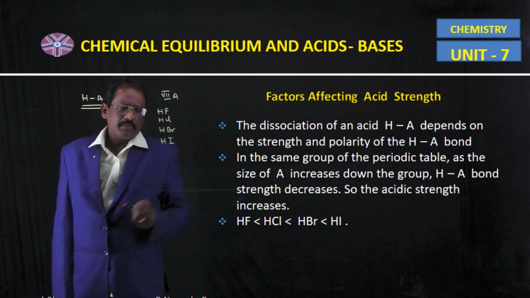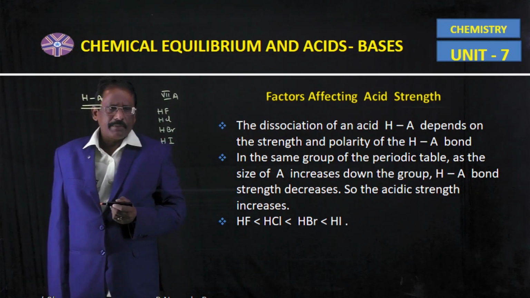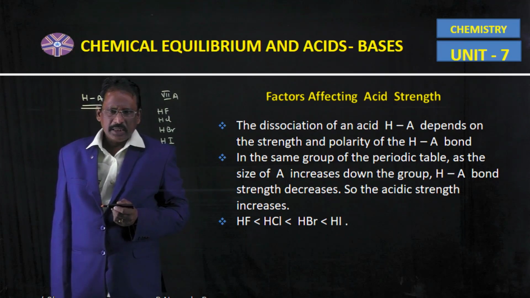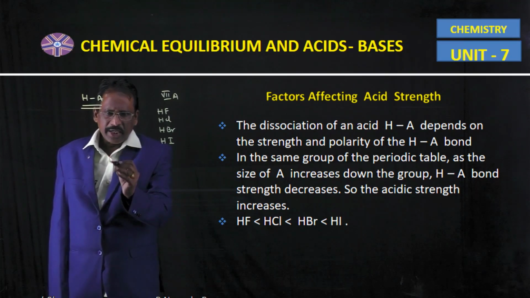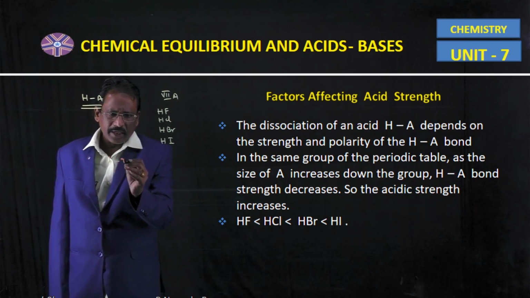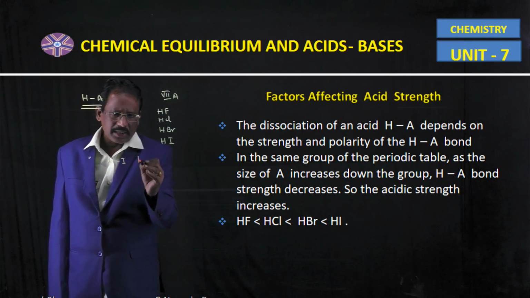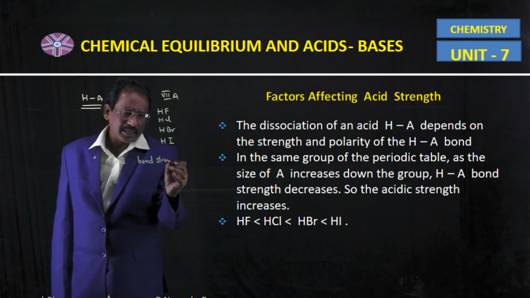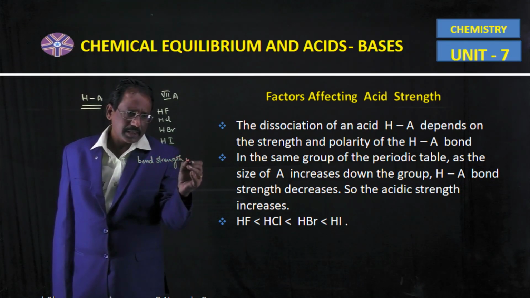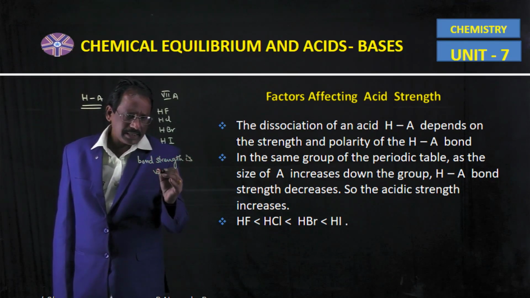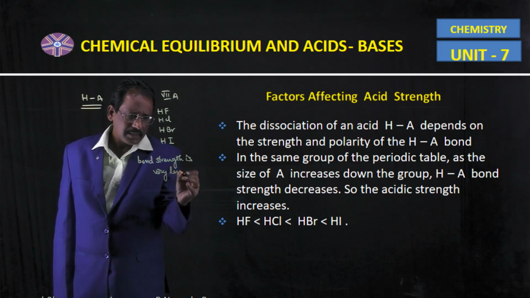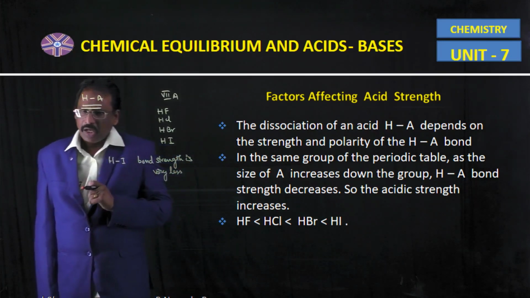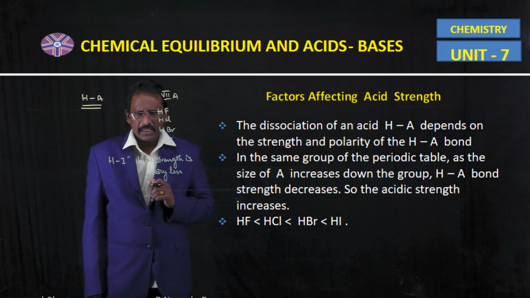Top to bottom, the size of the atom increases. That's why the HI bond strength is very less due to the larger size of I minus.